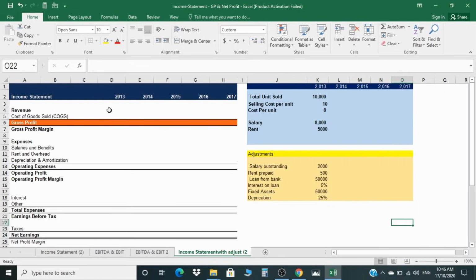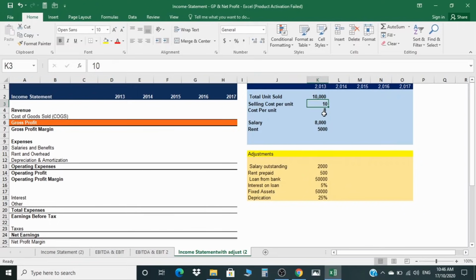So we just go by revenue. These are your assumptions. You take them as assumptions, and when you get the real data, you can make it yourself. This is total units sold: 10,000. Selling price per unit is $10. Cost per unit is $8.